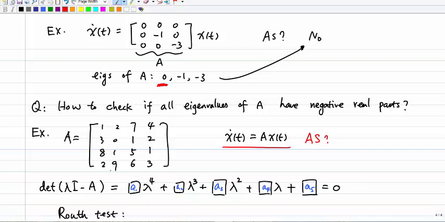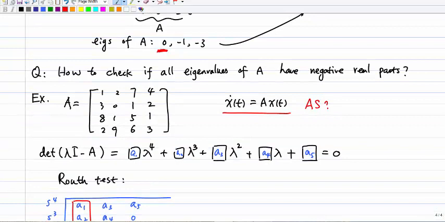In the undergraduate control class we talk about how to verify if the eigenvalues are all negative or not by using what we call the Routh test. The idea is we write the characteristic equation, determinant of lambda I minus A, in a polynomial form in lambda, a1 times lambda to some power plus a2 times lambda to some power, and so on, and you set it to be 0.